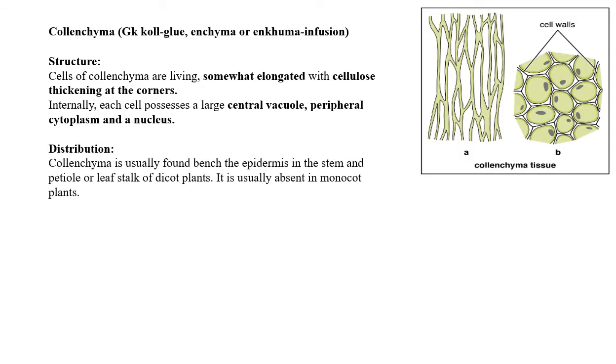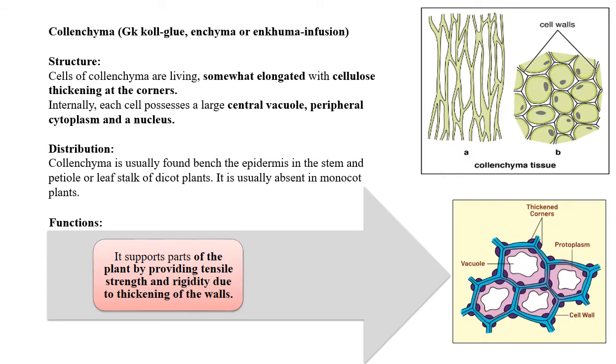Collenchyma is usually found beneath the epidermis in the stem and the petiole or leaf stalk of dicot plants. It is usually absent in monocot plants. Functions. It supports parts of the plant by providing tensile strength and rigidity due to thickening of walls. It provides elasticity to the plant.